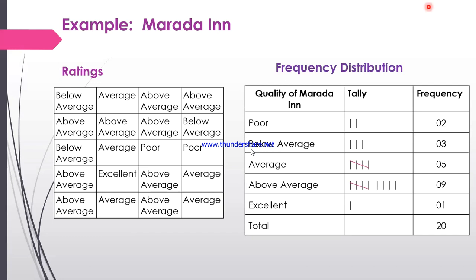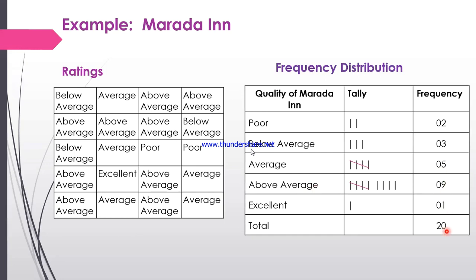Overall, we can't say that this is above average. Looking at the frequency distribution, out of 20 only 10 guests rated it as above average. 9 plus 1, only 10.